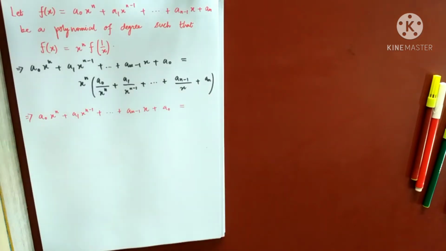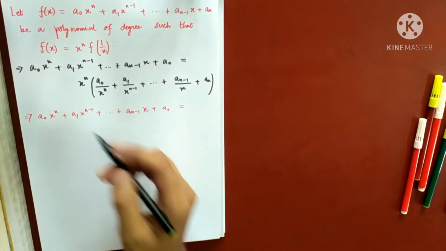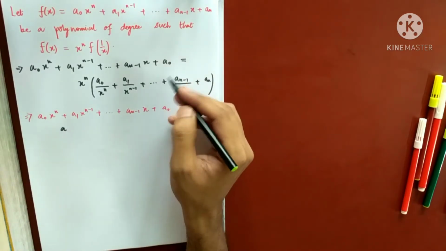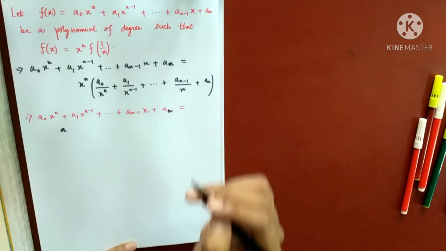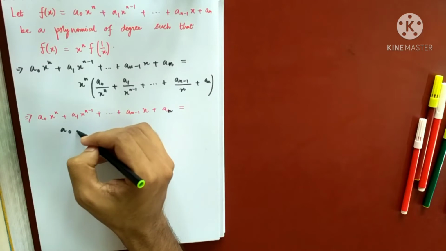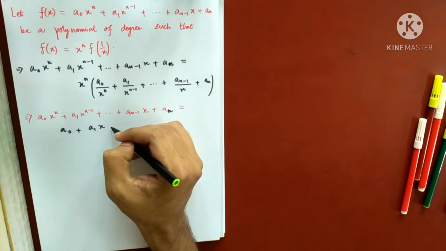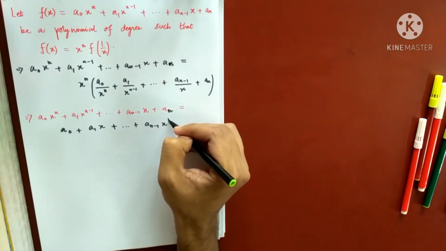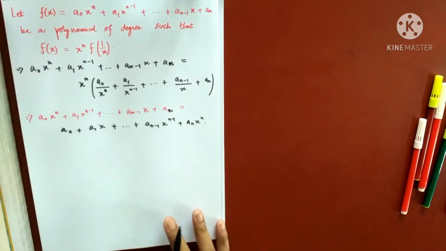This is the same as, so let's multiply by x to the power n to every term. The first term will be, sorry, this is an, no? I made a mistake, this is an, right? So this is what, an, I'm multiplying by x to the power n, an minus 1 x plus dot dot dot, this will become a1 x to the power n minus 1 plus a0 x to the power n.